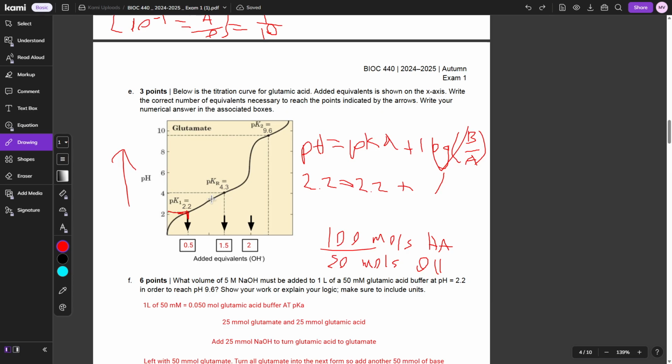Why is the pH increasing a lot between pKa1 and pKa2? Because we're going from something that's acidic to something that's now basic. We've removed all of our plus charges.